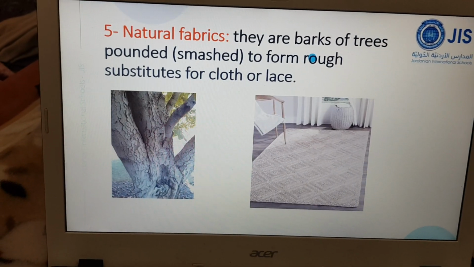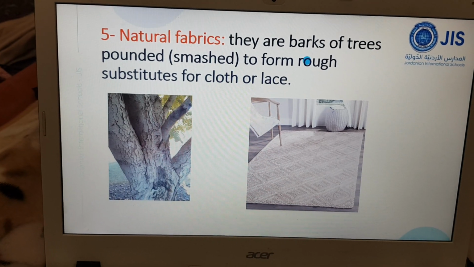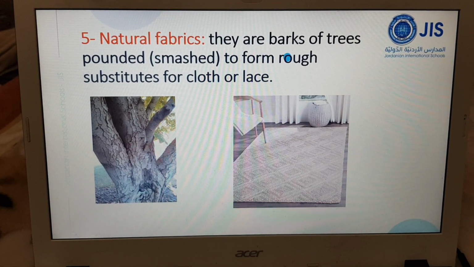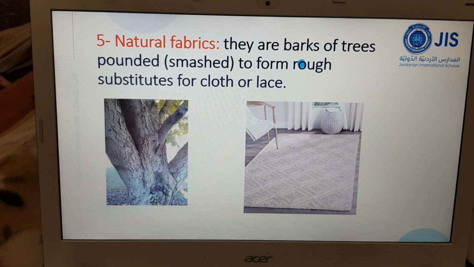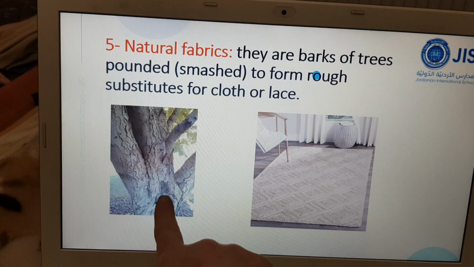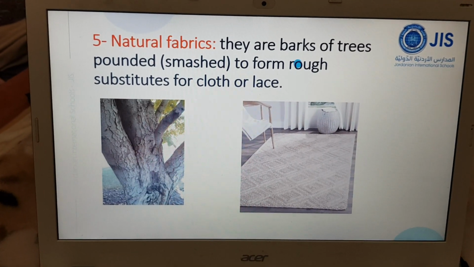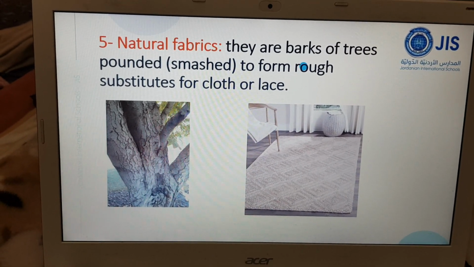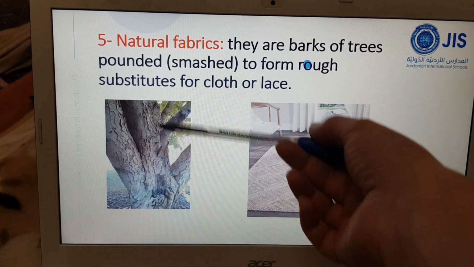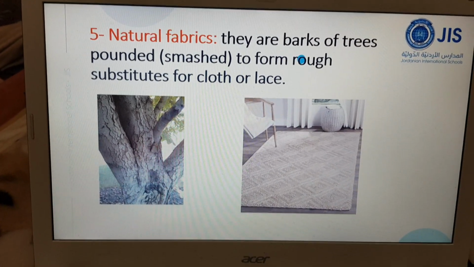The fifth kind of fiber is called natural fabrics. Natural fabrics are taken from the barks of the trees. What is the bark of the tree?